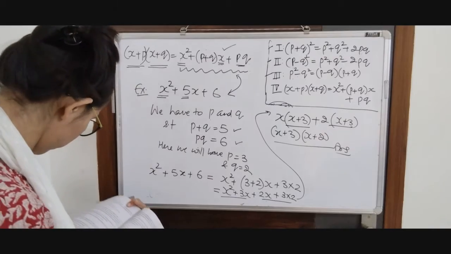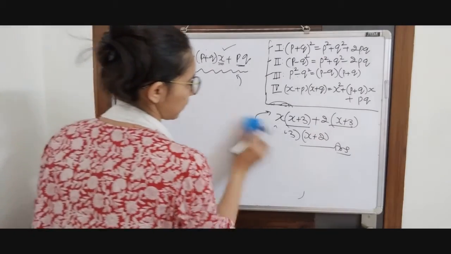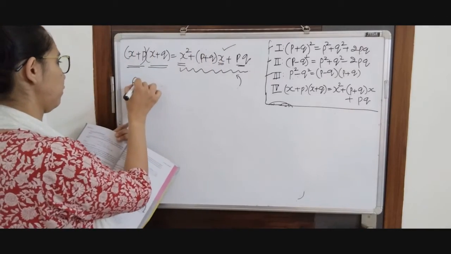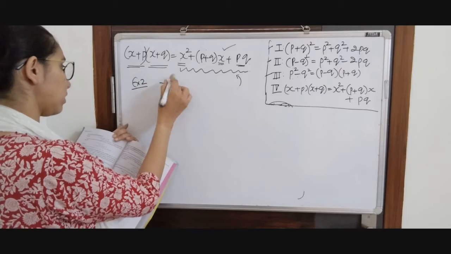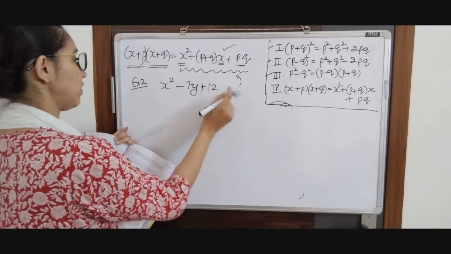Suppose we want to solve x square minus 7x plus 12.